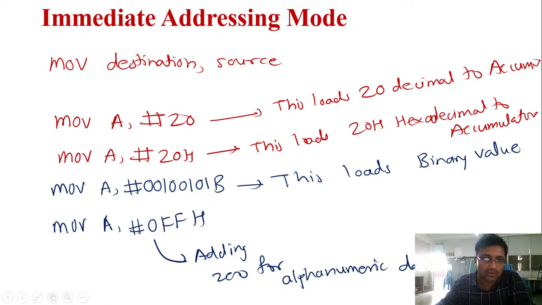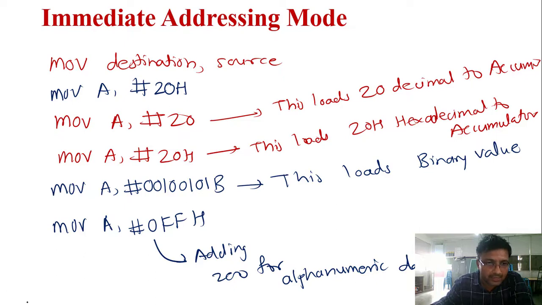This loads an immediate value. If I write this instruction, MOV A, #20 and 20H, these are two different things.